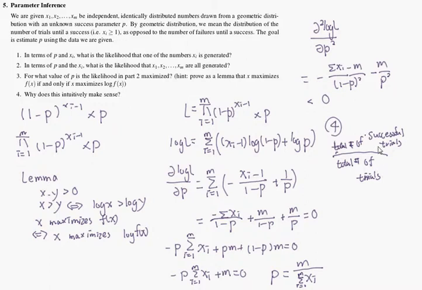So this is just the value of p that maximizes L. So this is the first part of question 5.